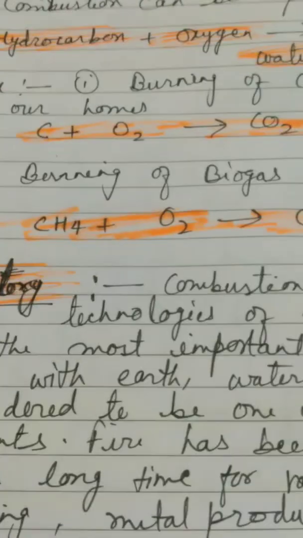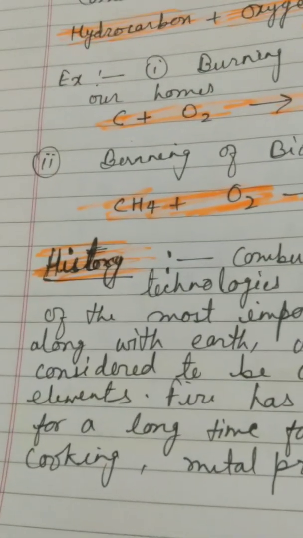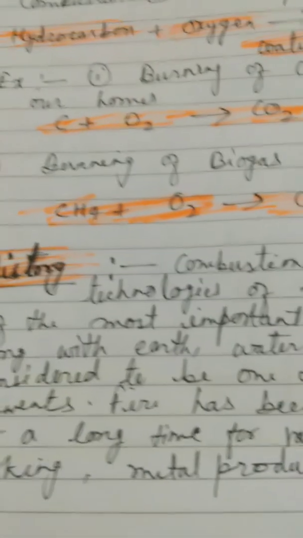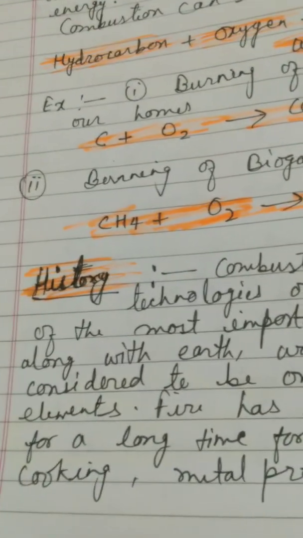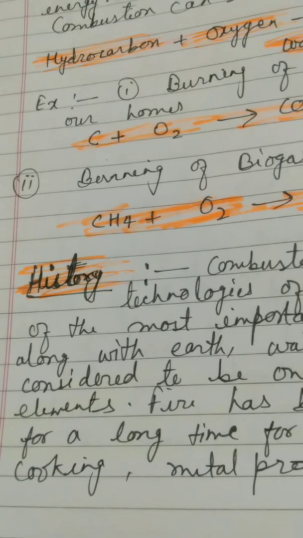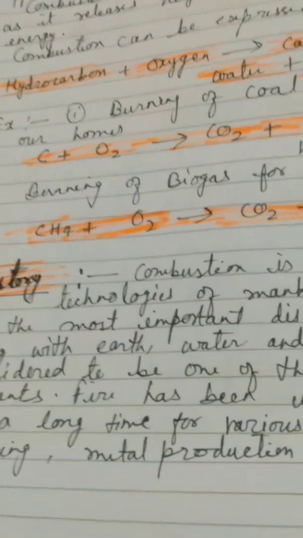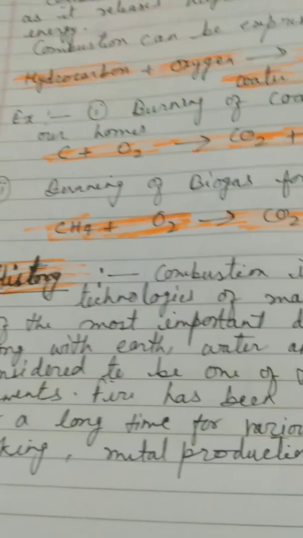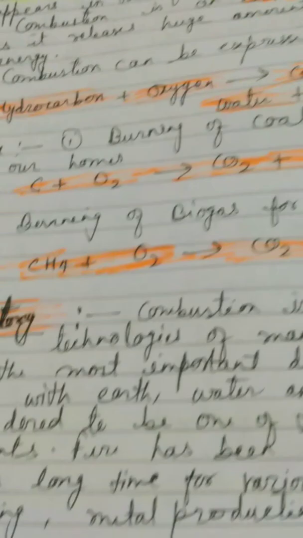So these are the basic concepts of combustion that I have tried to give you in the introduction of the chapter. After giving you an idea about the combustion reaction, which is a chemical process, I move towards the history of combustion. Children, you must know what the beginning of combustion in our world was, how we discovered combustion or burning, or fire. I will say fire. What is the discovery of fire?